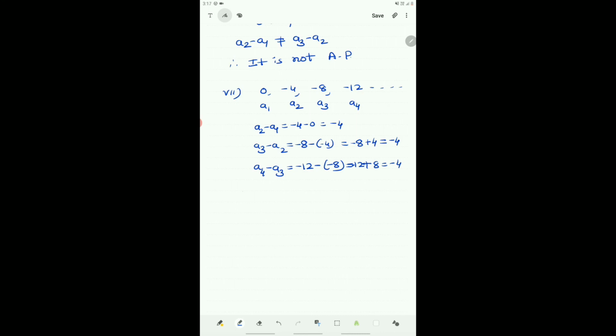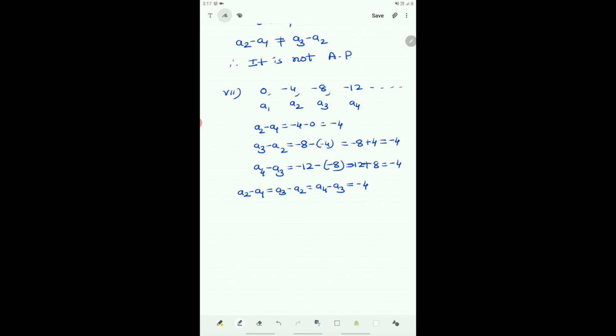Then you can write A2 minus A1 is equals to A3 minus A2 is equals to A4 minus A3 equals to minus 4. So you got the same value in all the three cases. So you can consider here there is a common difference, and the difference between the consecutive terms is constant.